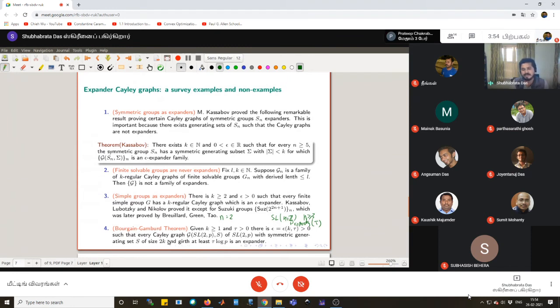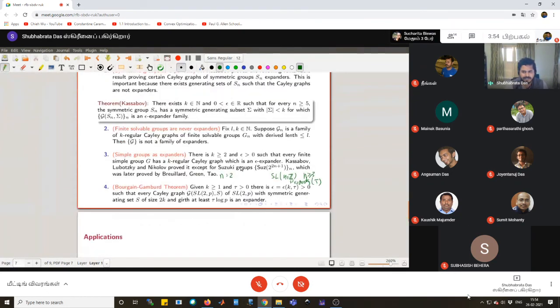They used that characterization of expander graphs to prove directly, without taking help of property T or Selberg's property, that these groups will form an expander family. So these are a few examples that I found interesting.